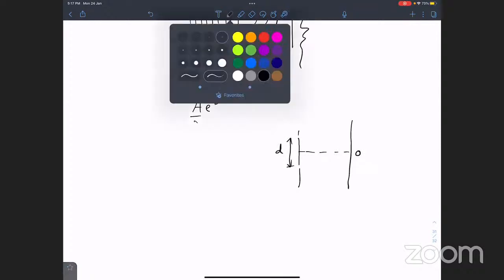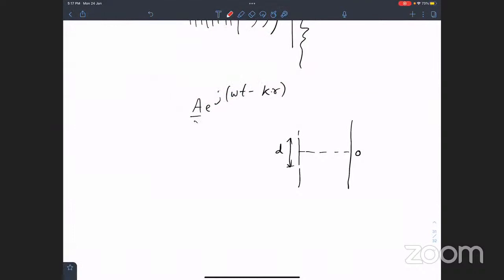Now, how do we find out this interference pattern? Let us say I want to know the interference pattern at a particular point on the screen at a distance x from the origin. I'm going to draw the lines. This is how the top secondary wavelet travels this distance, and the bottom secondary wavelet travels this distance. At this point, the wave is A into e to the power minus j k r.